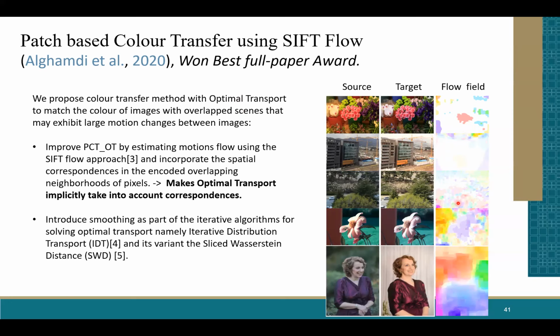Optical flow depends on the assumption of the same illumination, but here we have the problem that we have different illuminations. So optical flow will not work here. SIFT Flow can work here, so we use it in our algorithm.